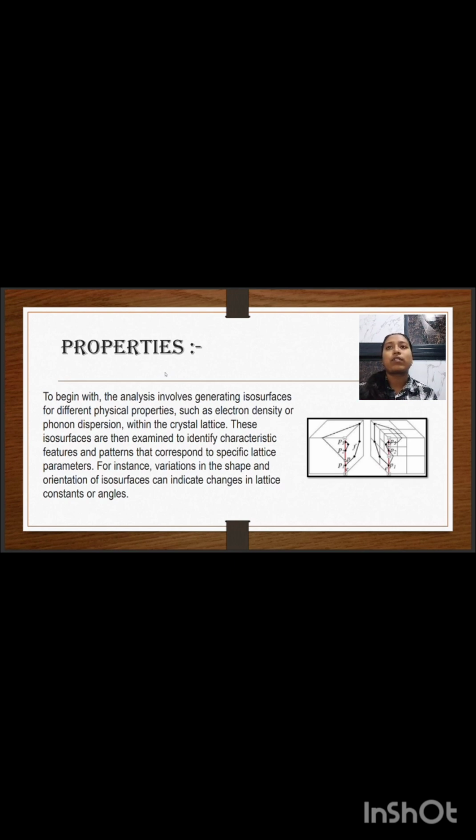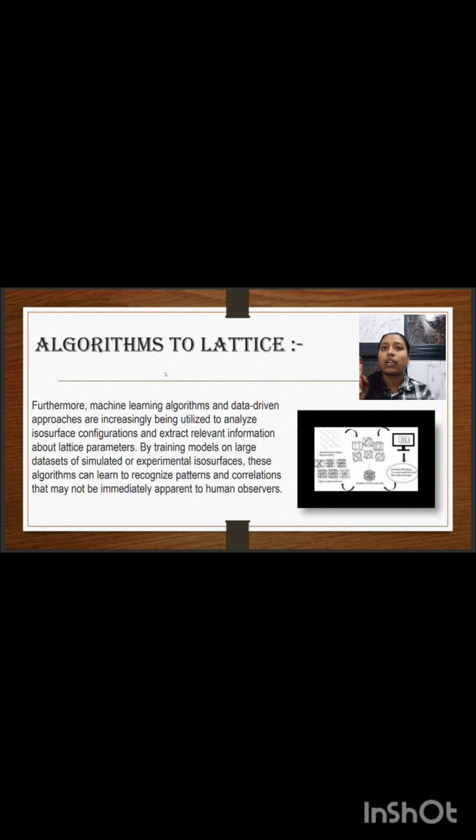Algorithms of lattice. We can see the algorithms, how it is converted stage by stage, as shown in the figure. Furthermore, machine learning algorithms and data-driven approaches are increasingly being utilized to analyze isosurface configurations and extract information about lattice parameters, by training models on large datasets of simulated or experimental isosurfaces.